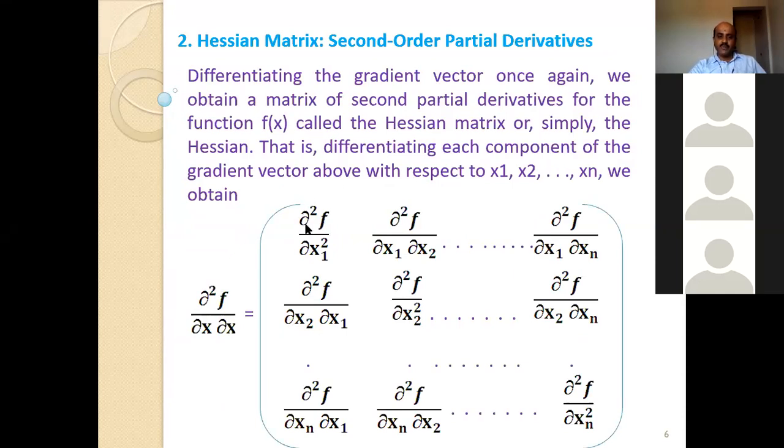The Hessian matrix will be, for you, dou square f by dou x1 square as the first term. The second term will be dou square f by dou x1 into dou x2. And in the second row, dou square f by dou x2 into dou x1, and the fourth element is dou square f by dou x2 square. So this is the Hessian matrix for you, with only four terms because of the two variables.